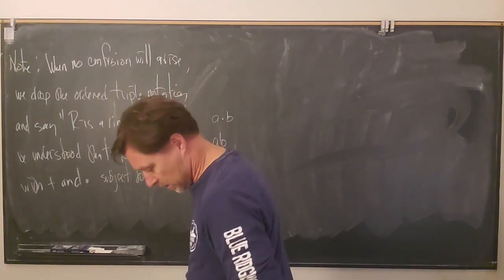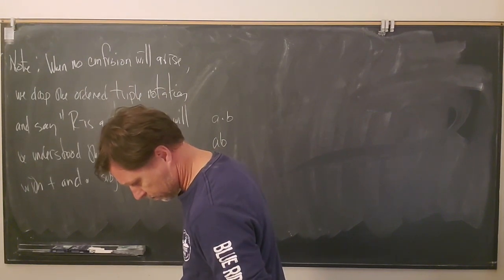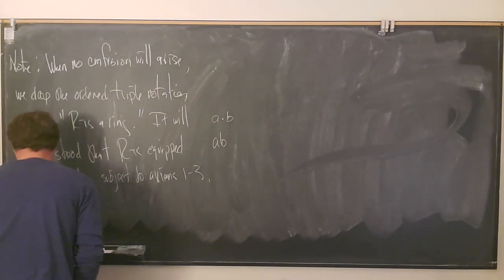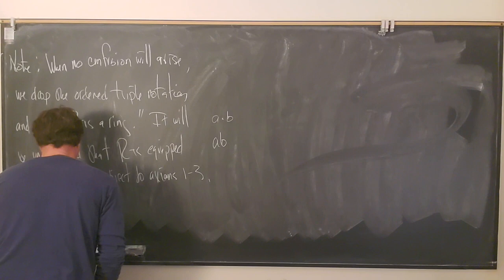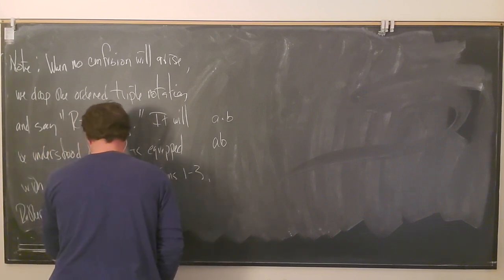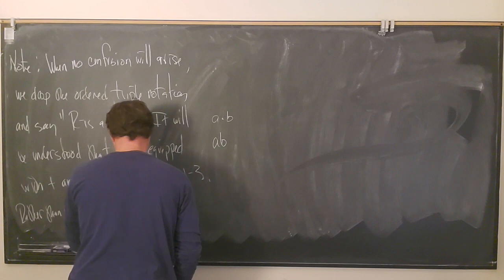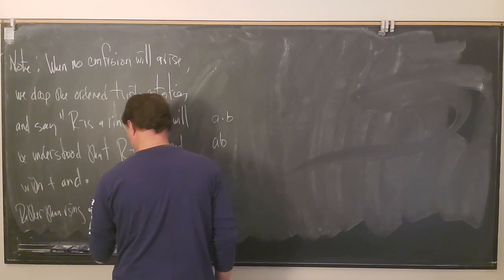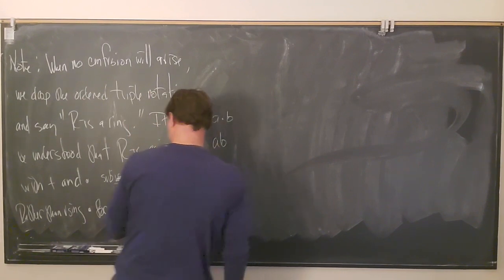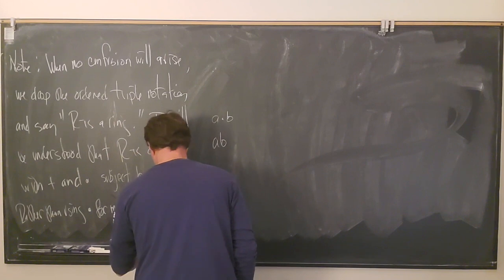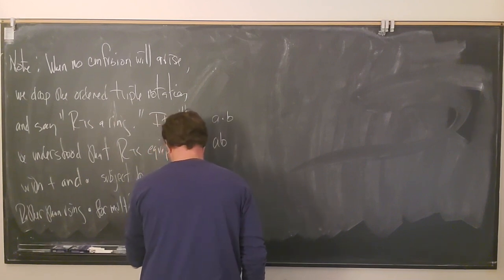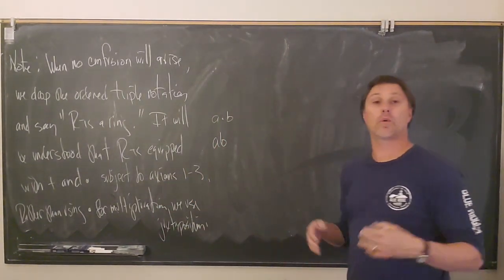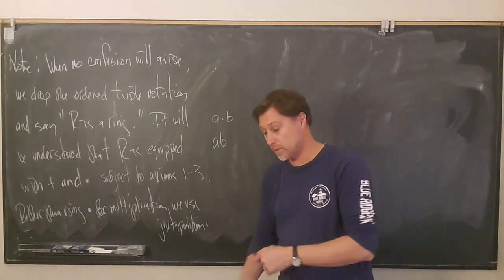So rather than using dot for multiplication, we use juxtaposition. We just want to simplify the notation as much as possible, and we're already familiar with doing this when working with groups.